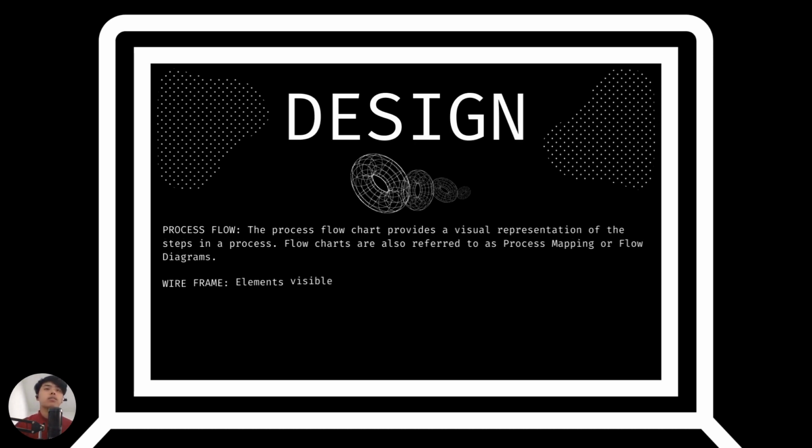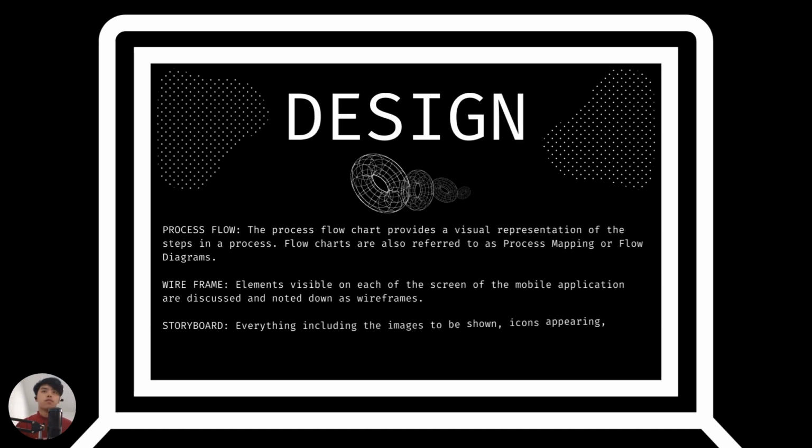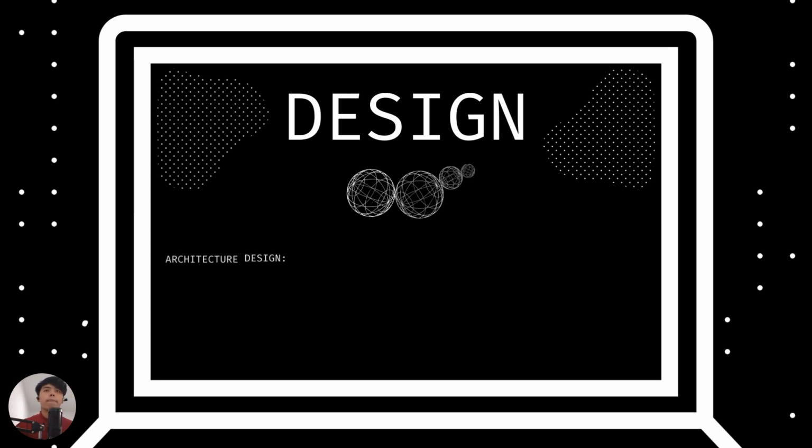Design consists of process flow, which is a flow chart, a visual representation of the steps in a process. Wireframes are the elements visible on each screen of the mobile application, which are discussed and noted down. A storyboard includes images to help visualize for the users or the development team in creating a design.